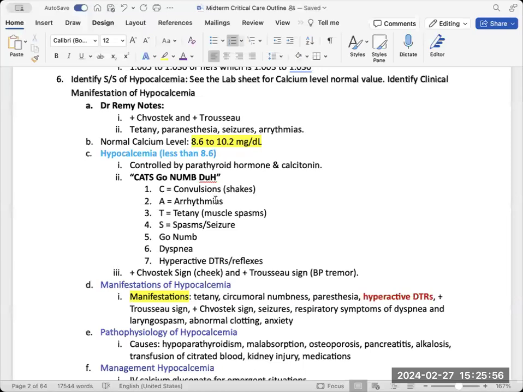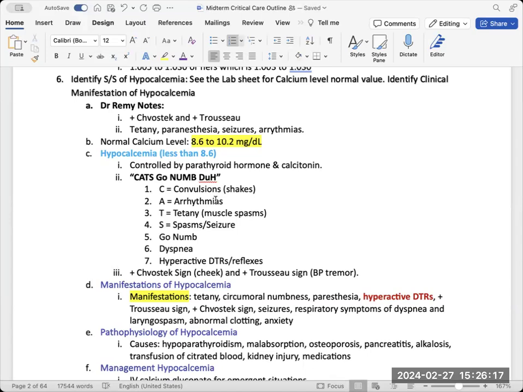Okay, so calcium levels, I do see them vary in different textbooks, but I've never seen them give a calcium level so close to the actual lab values. They usually make it 7 or 8 on the lower spectrum and 11 and 12 on the higher spectrum. So I wouldn't get too tedious on the exact decimals.